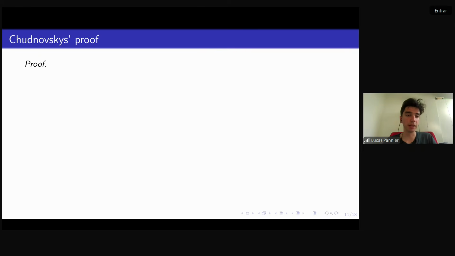Let me explain the Chudnovskys' proof of Kronecker's theorem. If we assume that R has a root that is non-rational, that is, we assume that R does not split completely in Q, we can write L to be equal to Q(alpha).